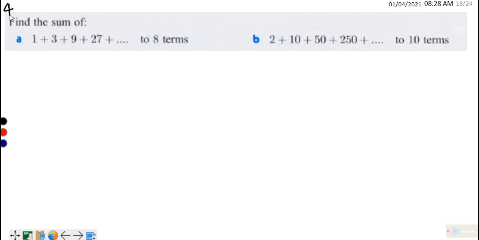Example 4, find the sum of this series. It's a GP. Okay, how do we know it's a GP? For the first one, we have 1 plus 3 plus 9 plus 27, up to 8 terms.